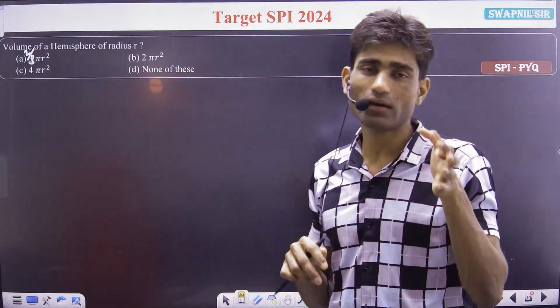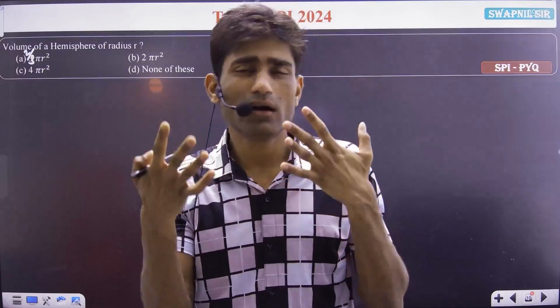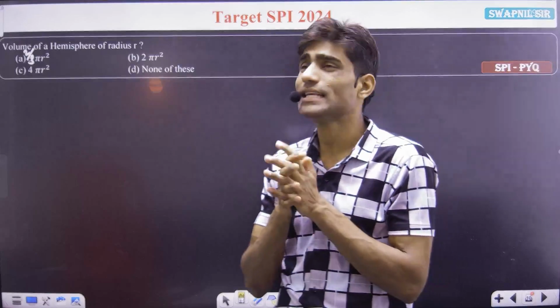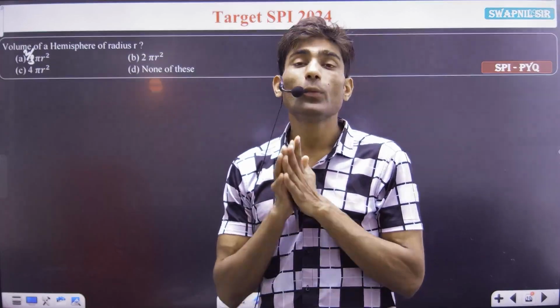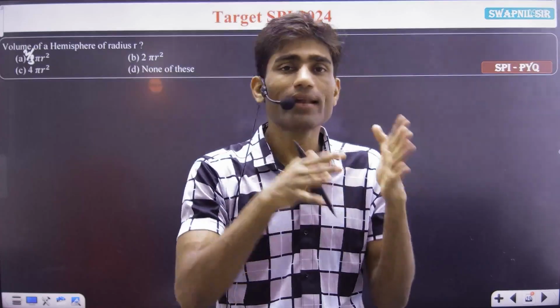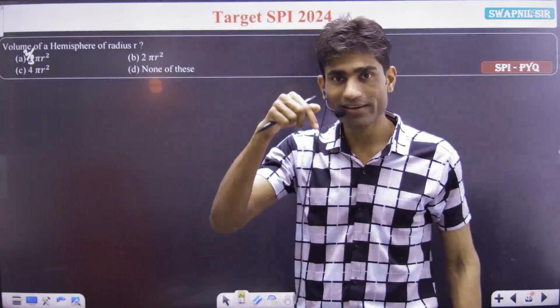In the plane figures we learned triangle, circle, kite, parallelogram, and other types of figures. In the case of solid figures, we learned cylinder, cone, sphere, hemisphere, cube, and cuboid. All these concepts we learned in today's lecture.